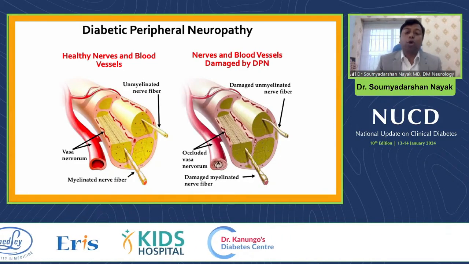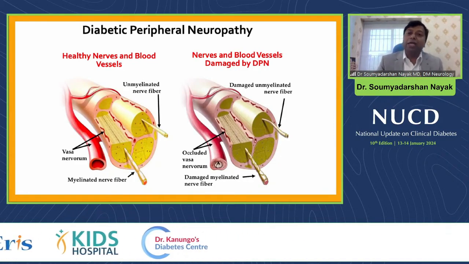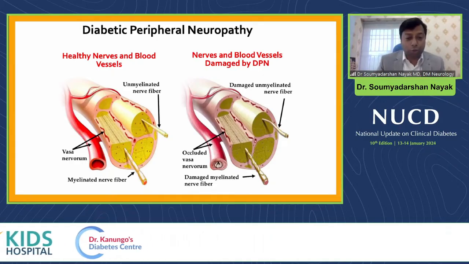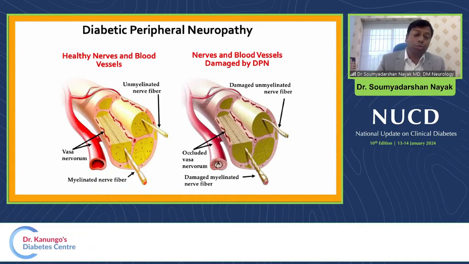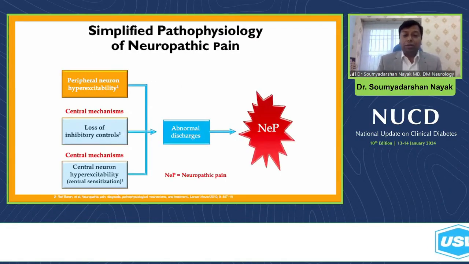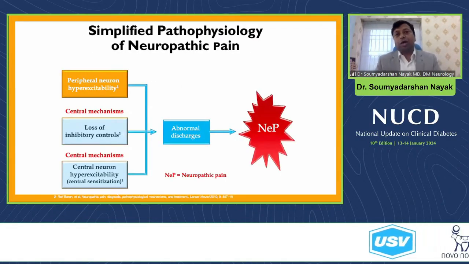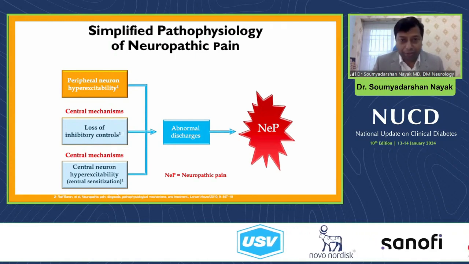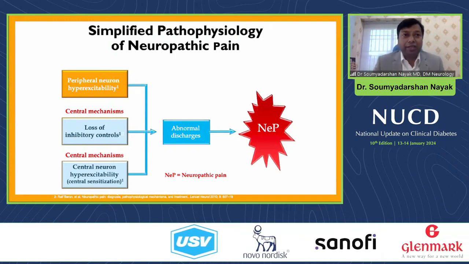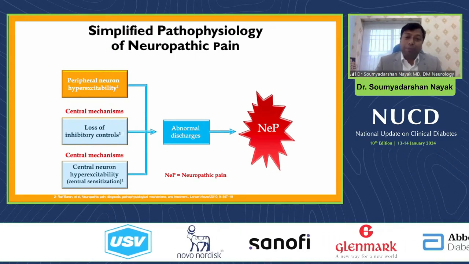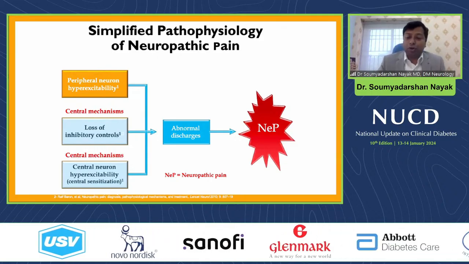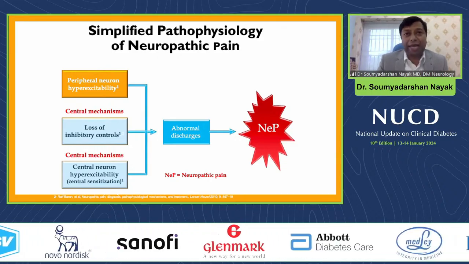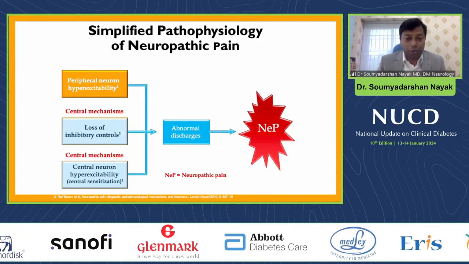Not going into more detail on the pathophysiology, as you all know, it's an axonopathy due to small vessel vasculopathy. The pain starts after damage to the small fibers, especially the C fibers. But as time progresses, a central mechanism comes into play.